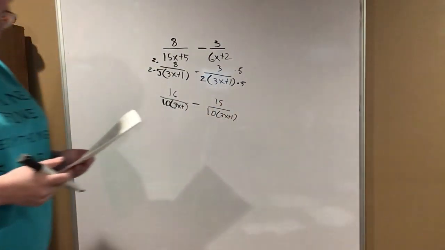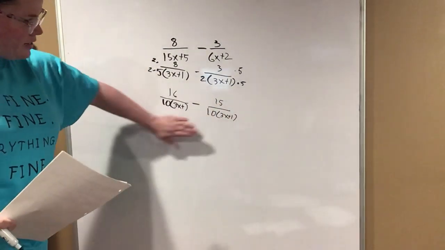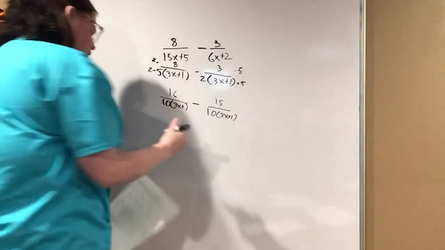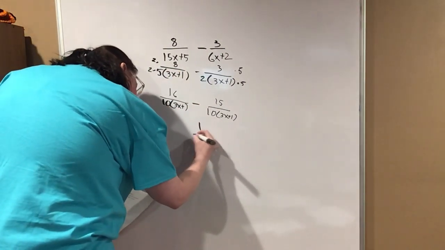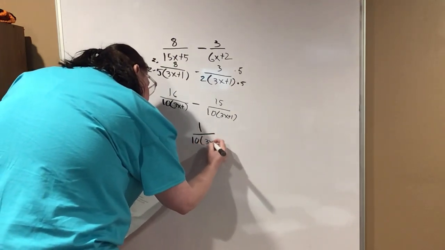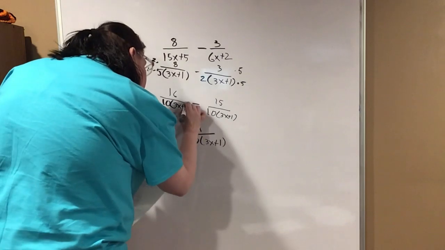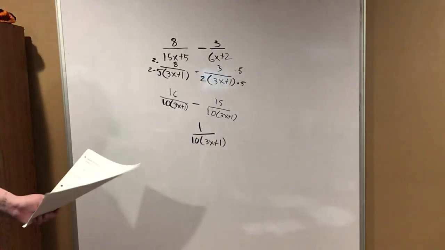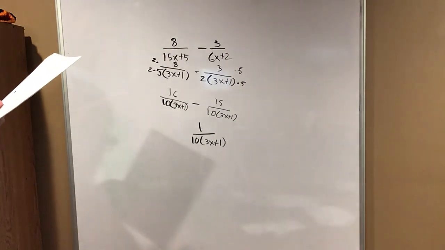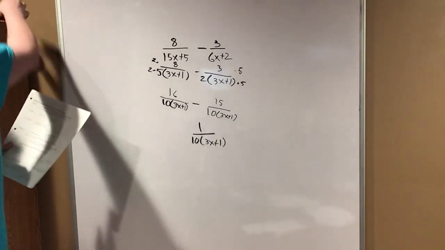So now the denominators are the same. Just do the subtraction, and you get 1 over 10, 3x plus 1. You have to make them match. That is the whole goal of this. So you have to find the least common denominator.